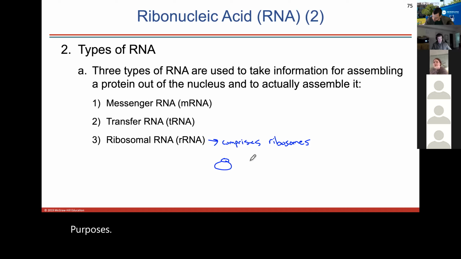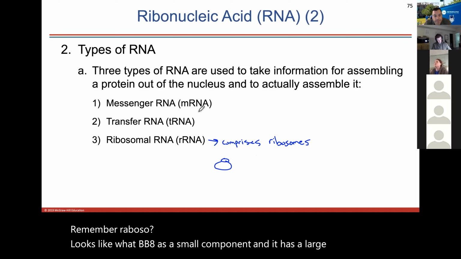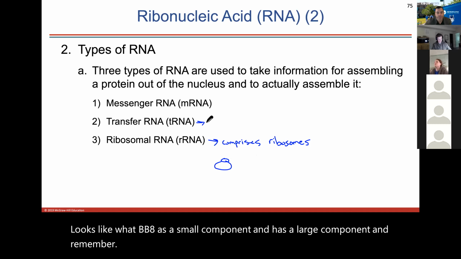Remember ribosome? Looks like what, BB-8? It has a small component and it has a large component. And remember, spell it out.